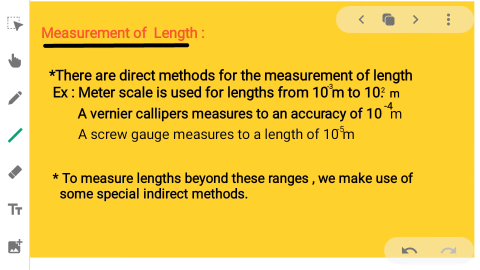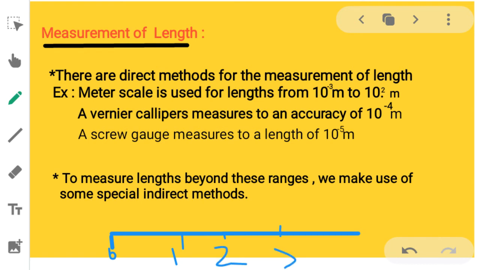And vernier calipers. What is a vernier calipers? It is a type of instrument whose least count is 0.01 centimeter, and the least count of a meter scale is 0.1 centimeter. Least count means the smallest measurement on that particular instrument. Suppose this is a centimeter scale, starting from 0, 1, 2, 3.